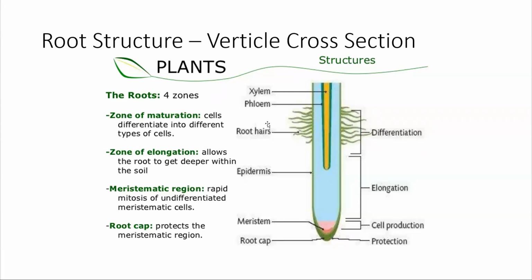They are modified epidermal cells. We'll get into the why on that. Up above this, you will start to see some lateral roots coming off of the main root. This can be lateral roots coming off of the taproot, and sometimes it could be lateral roots coming off of fibrous root structures.